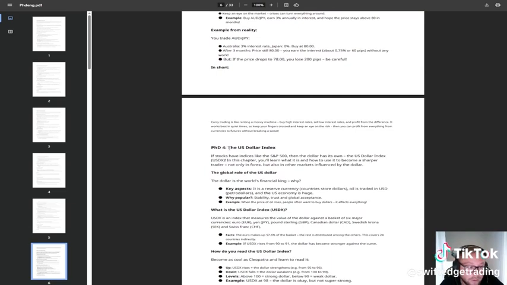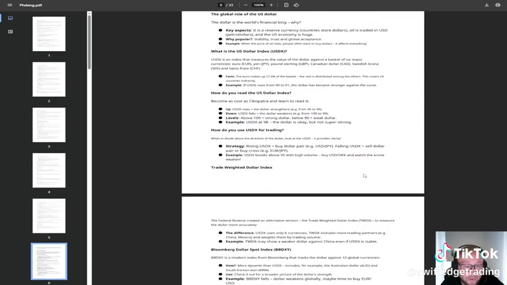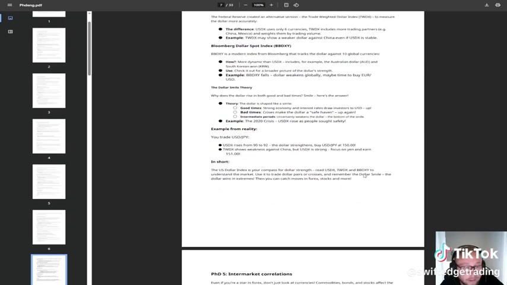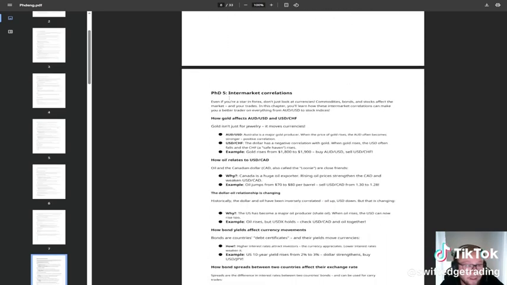And the US dollar index, we go through what it means, and so on. Intermarket correlations: how gold affects the Australian dollar, US dollar and Swiss franc. Let's just take an example. Australia is a major gold producer.